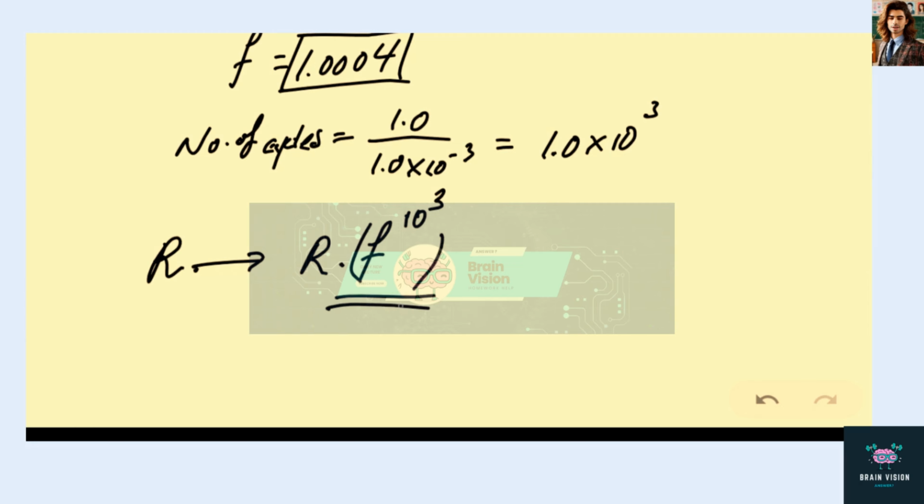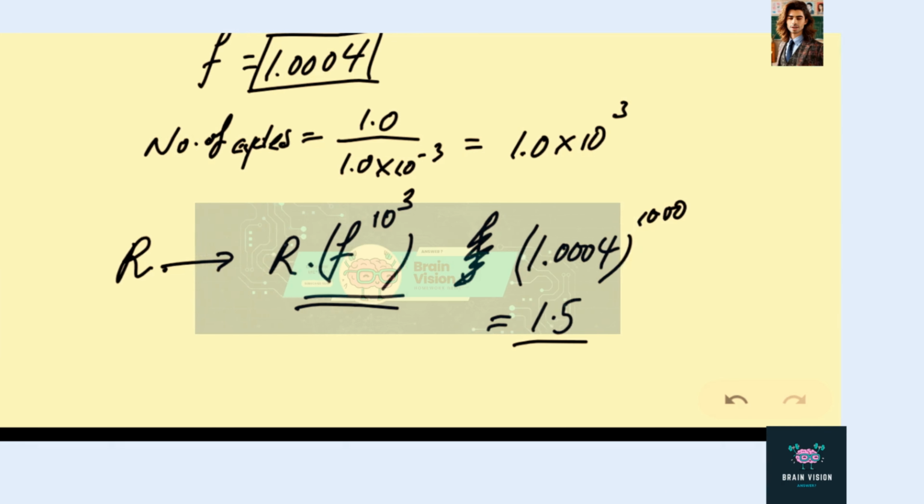This is the factor by which the rate is increased. So we just have to evaluate 1.0004 to the power of 1000, and we should get a value of 1.5, so the rate will increase by a factor of 1.5 after 1 second.